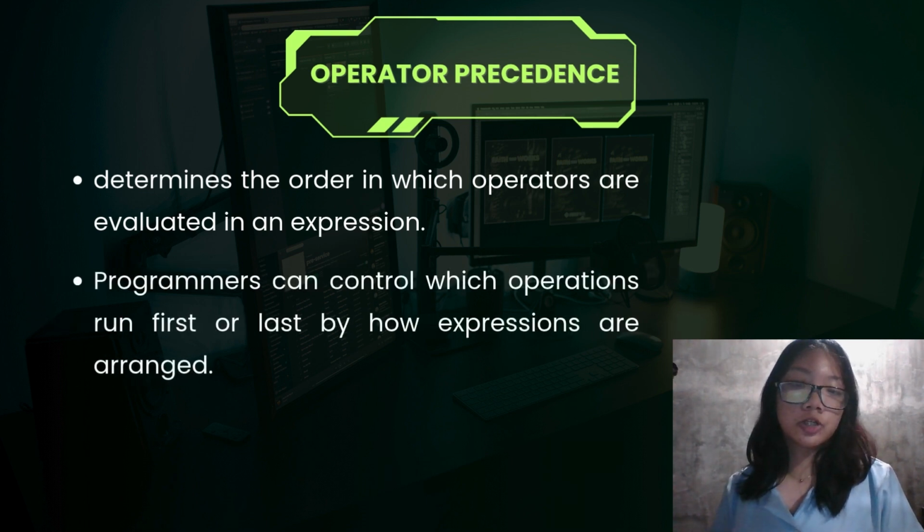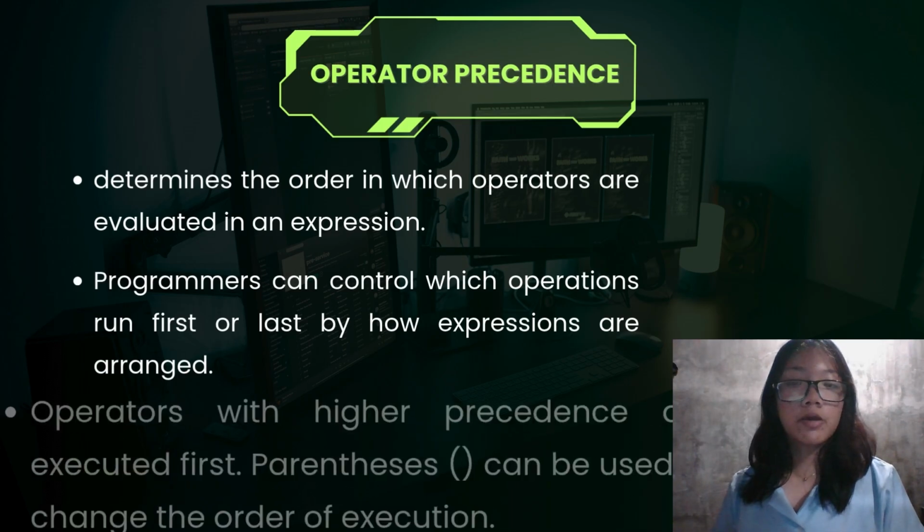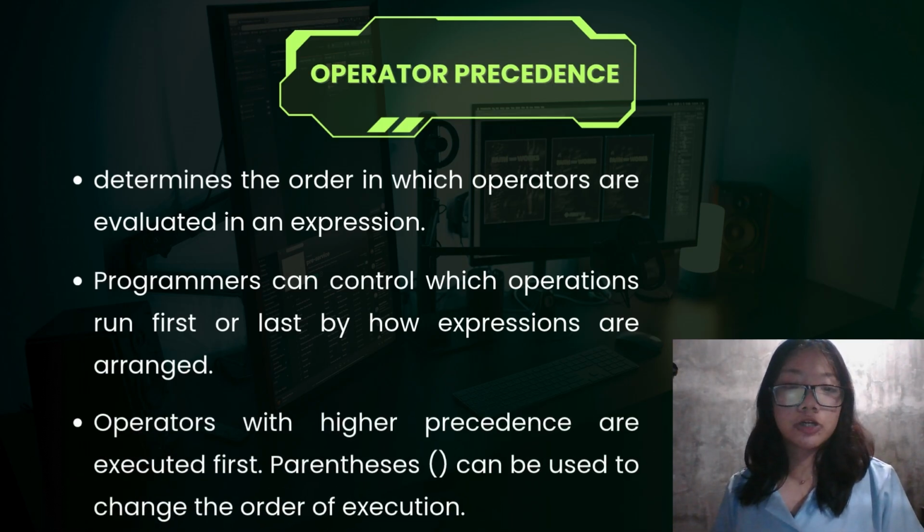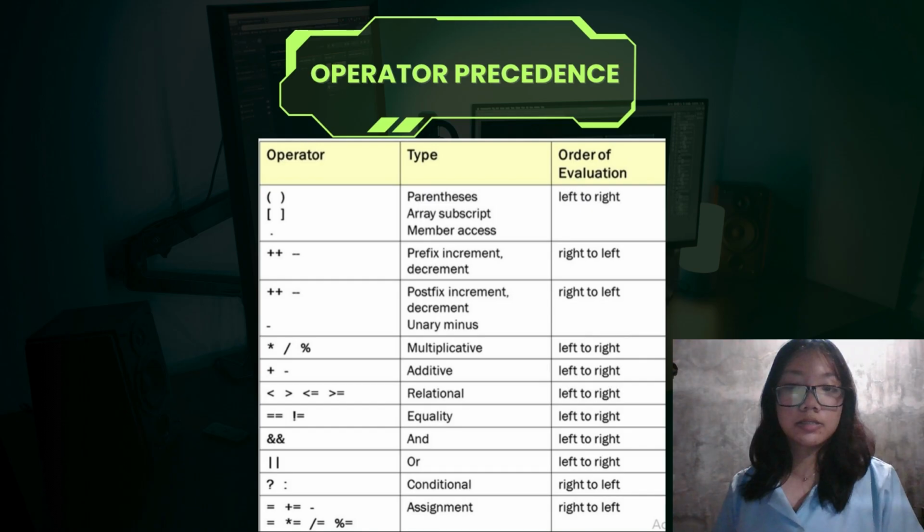Programmers can also control the order of operations by carefully arranging the expression or by using parentheses. Parentheses have the highest precedence, so any operation inside them will always be executed first, regardless of the operator rules.